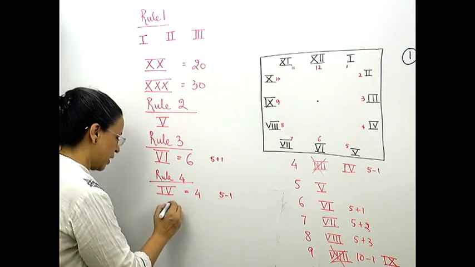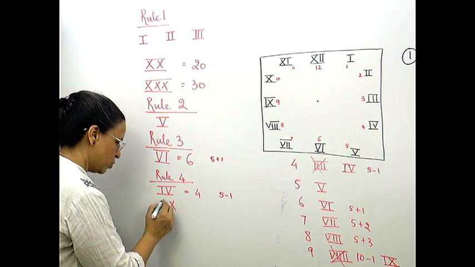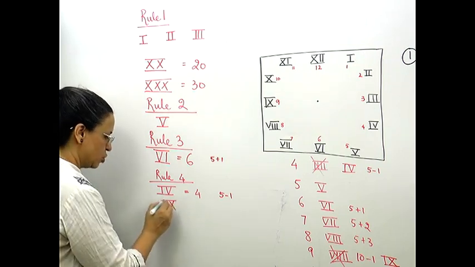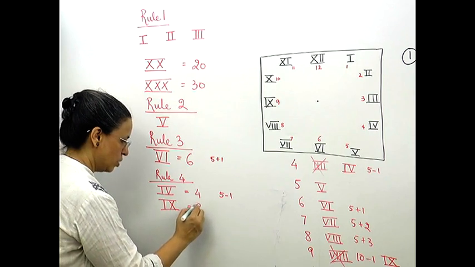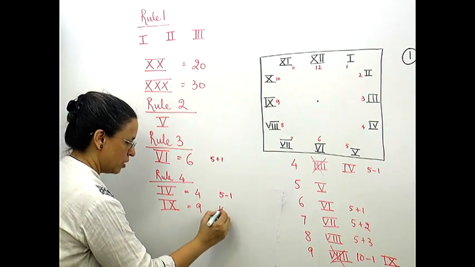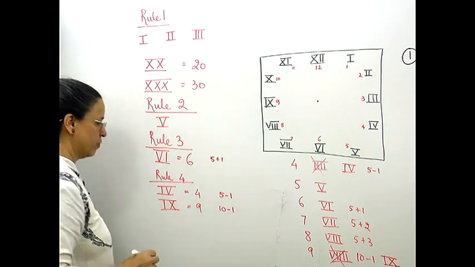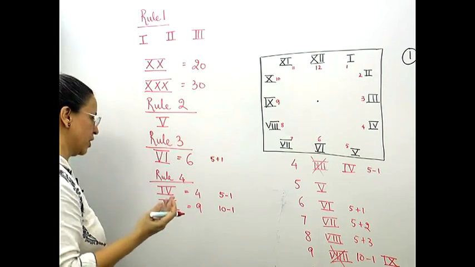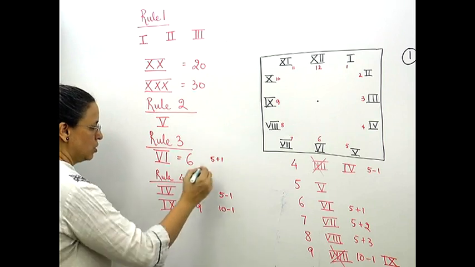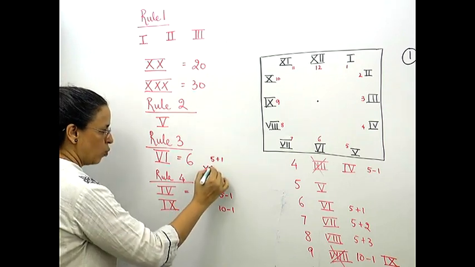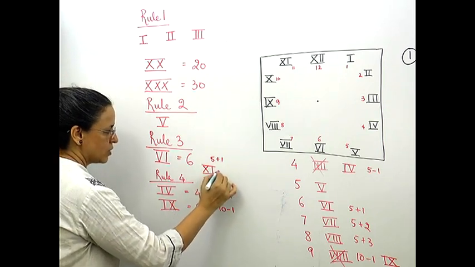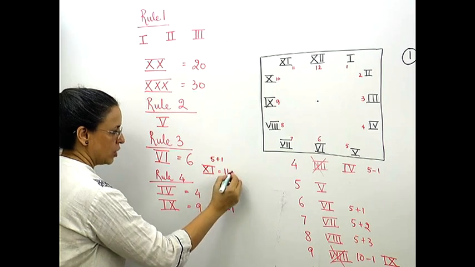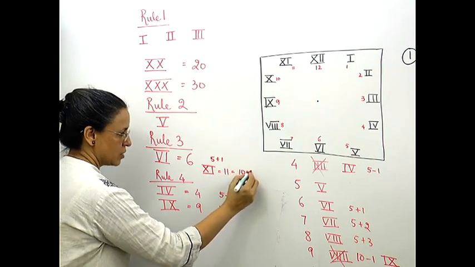Similarly, if we write 10 and we write 1 on this side, so we know that this is equal to 9 because this will mean 10 minus 1. But according to rule 3, if we had to add something, then we could put 10 and 1 on this side will give us 11, which actually means 10 plus 1.